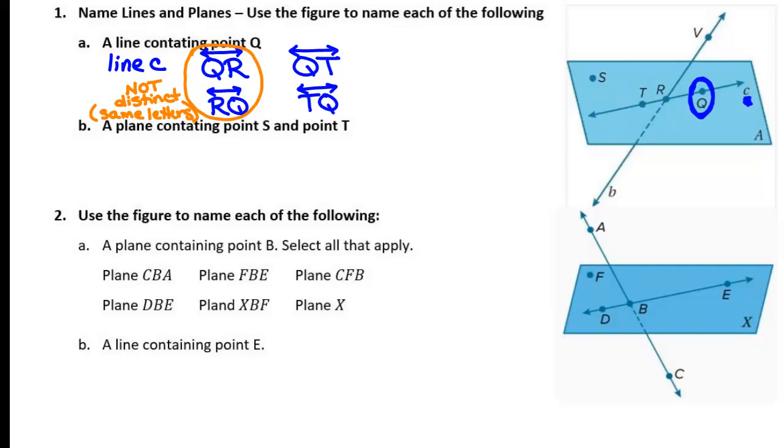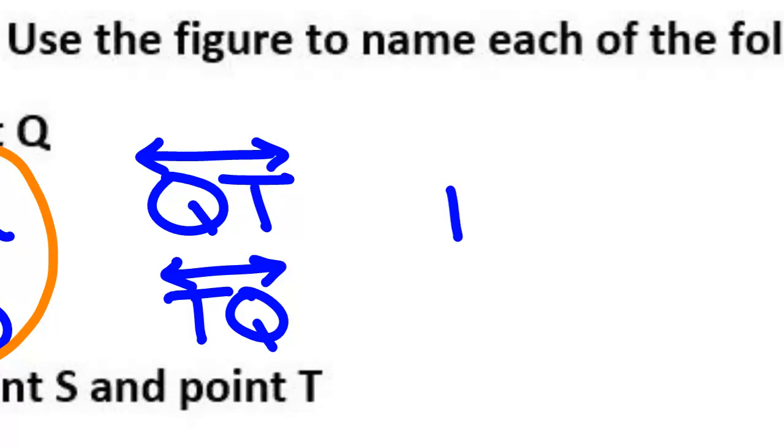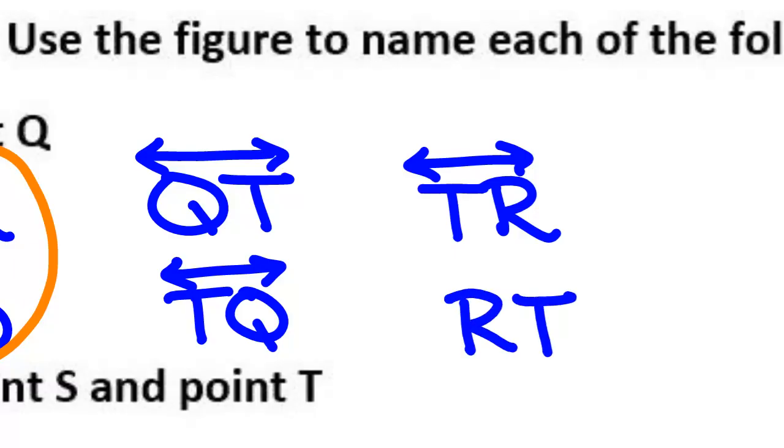I see one other way of naming this line right here that uses just two of the dots on the line that is different from any of the other ways that I have written up above. Does anybody see what that would happen to be? TR. TR or RT.